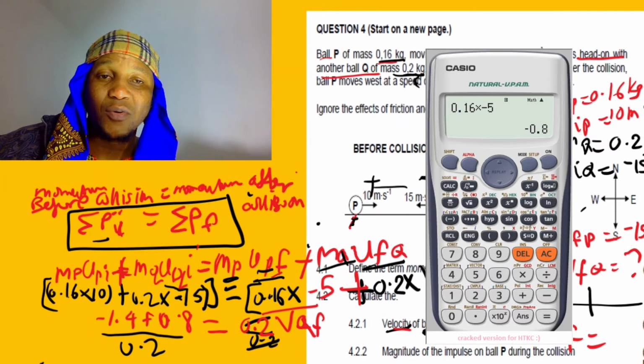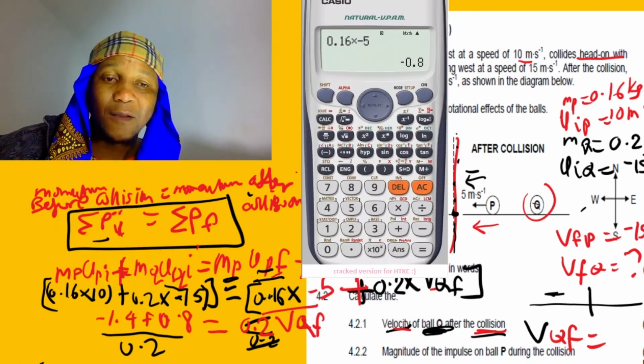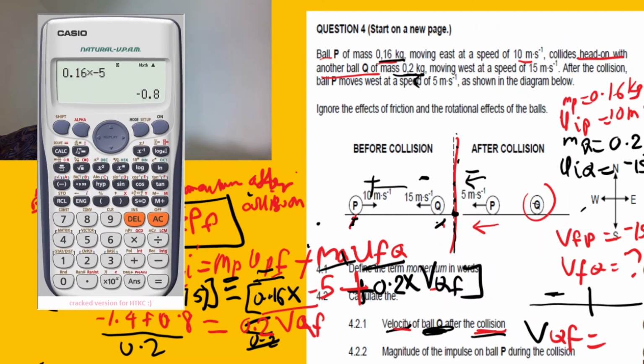My apologies, family. Let me move the calculator to this side. Okay, so we're going to say negative 1.4 plus 0.8 as a fraction, with denominator 0.2.